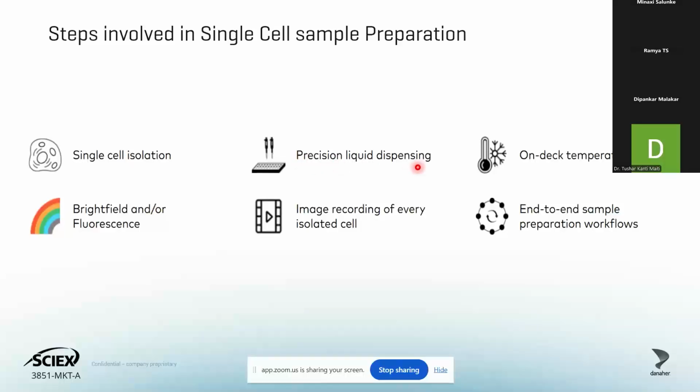That is also very important, because you need to dissolve the sample in a highly automated or high throughput manner. Then image recording of every isolated cell. Then temperature control is also required for this kind of analysis. And an end-to-end sample preparation workflow is mandatory.